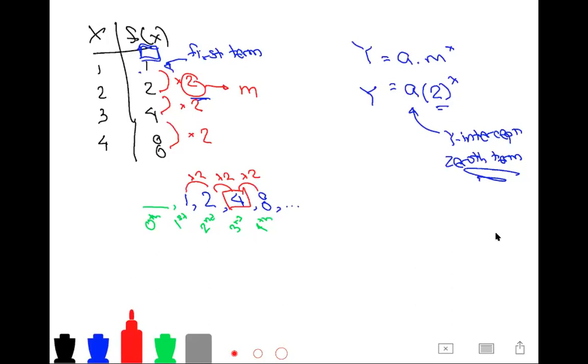So from 8, what do we actually have to do? If you are moving from left to right, you multiply by 2.